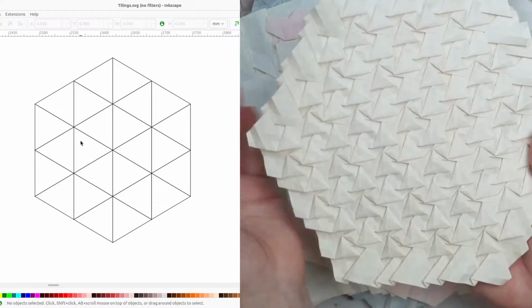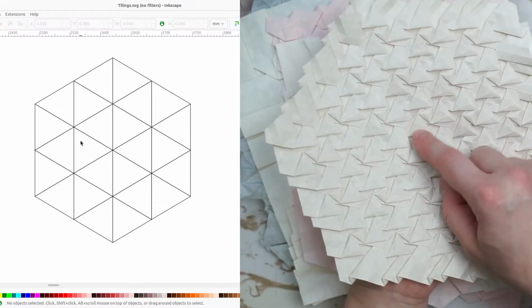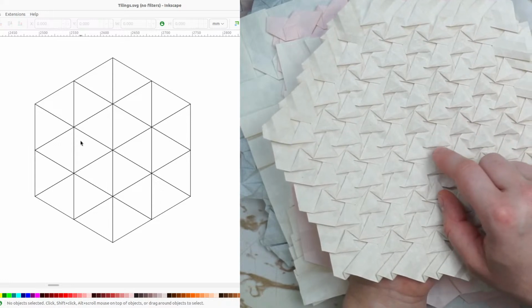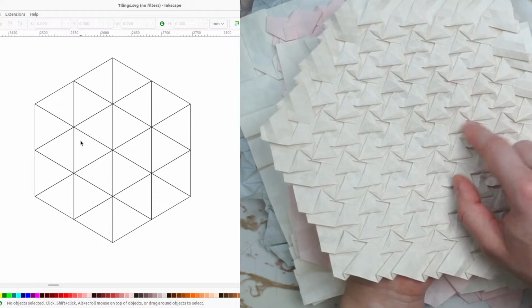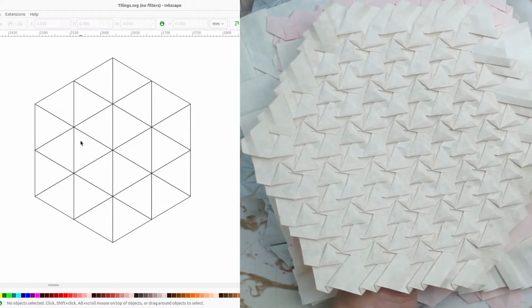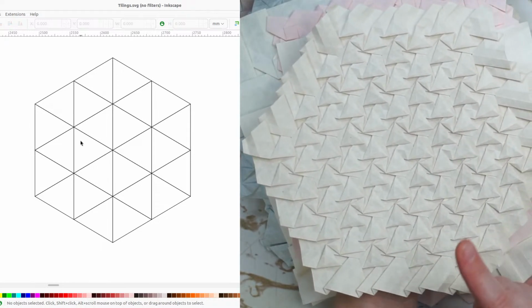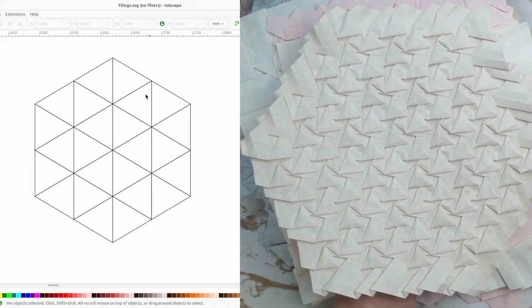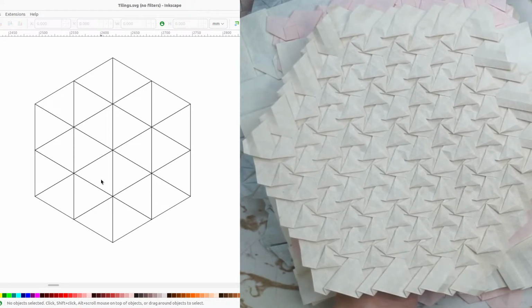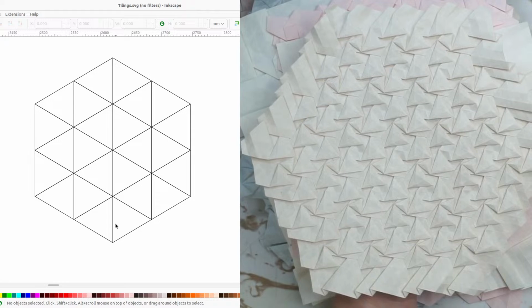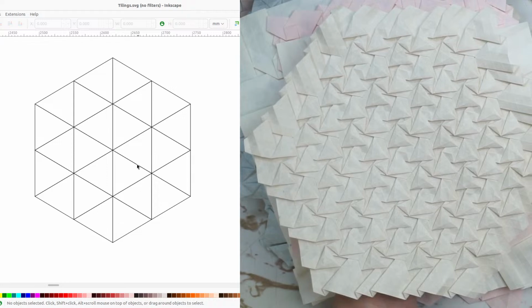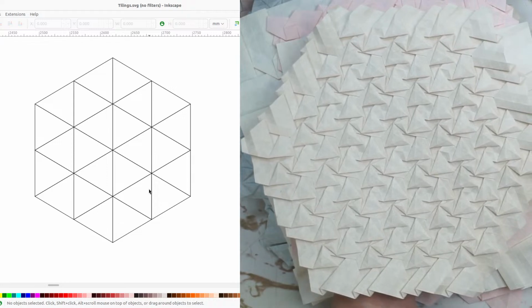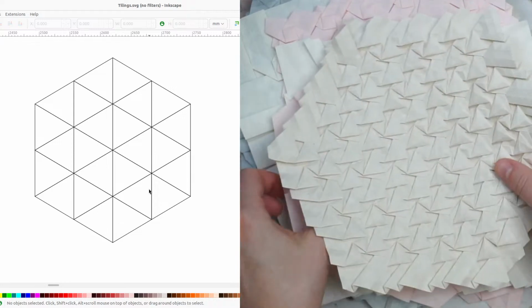And on the other side of the paper, I have those 4 triangles and repeats of those 4 triangles. Now there's only one way to fit all of these triangles into a pattern, and it's with this tiling. Whenever you see a pattern with all equilateral triangles, it's in the equilateral triangles tiling.